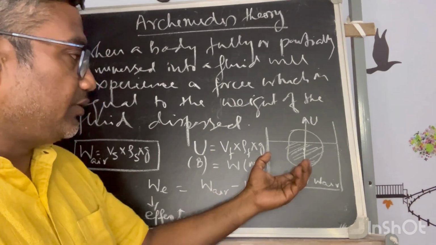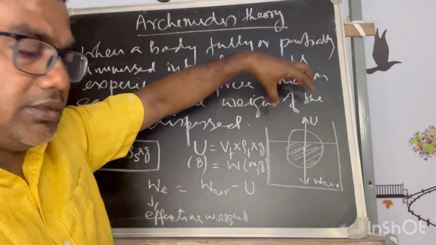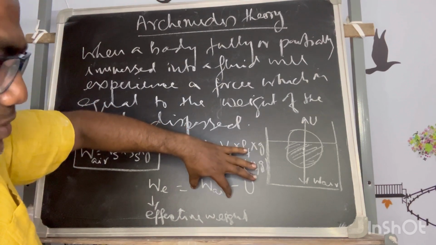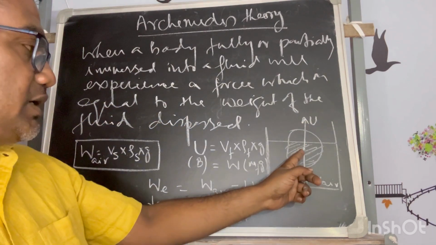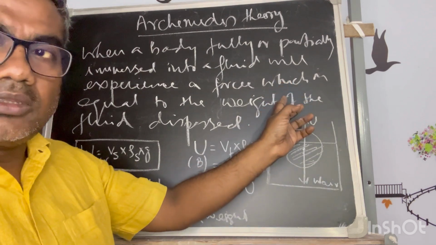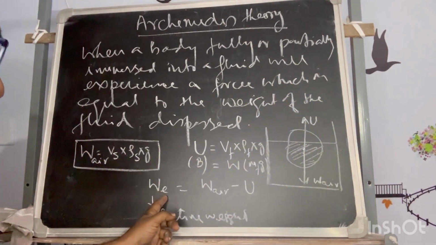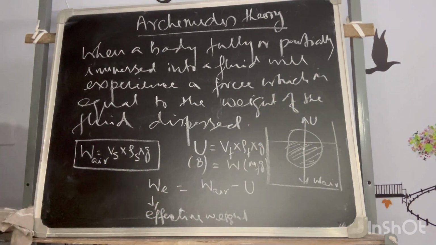Because in air, if it is lifted up, there is no upthrust. When it is dipped, the weight is reduced, because the upthrust is in the opposite direction. So that is the effective weight of the body.